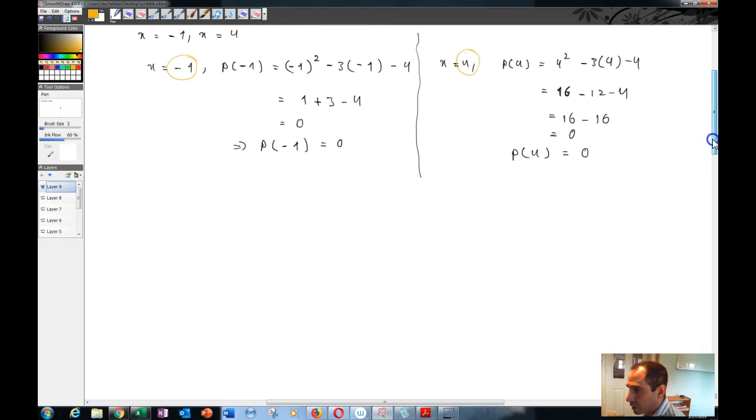Now these two numbers, x is equal to -1 and x is equal to 4, at which the output of your polynomial goes to 0, are called the zeros of this polynomial.